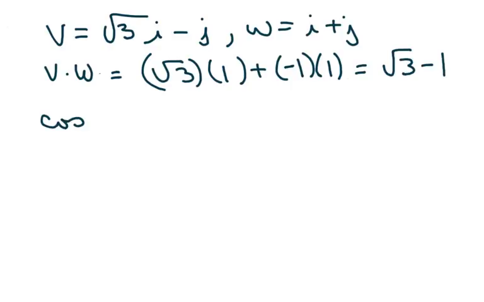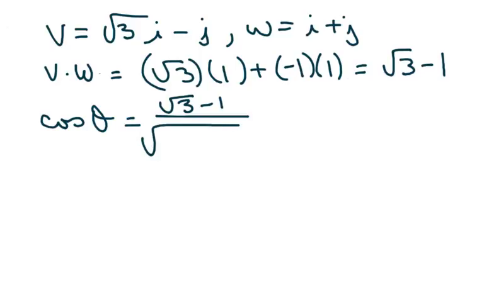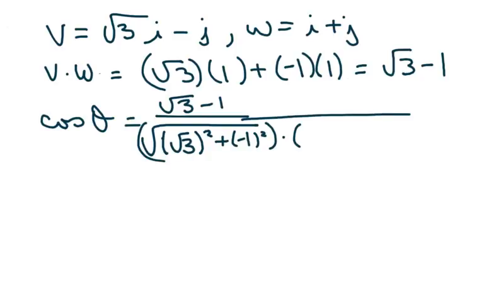Now I'm going to do my angle between the two vectors, which is going to be my dot product. So that's square root of 3 minus 1 over the square root of 3 squared plus negative 1 squared, times the square root of 1 squared plus 1 squared.